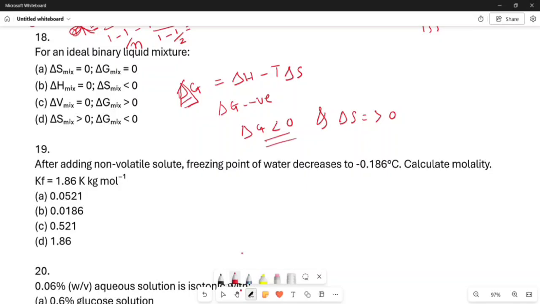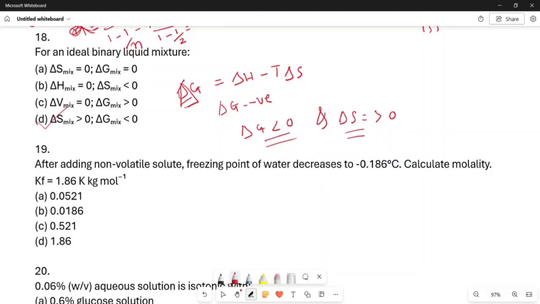This is the condition for an ideal binary liquid mixture. So option D is correct.